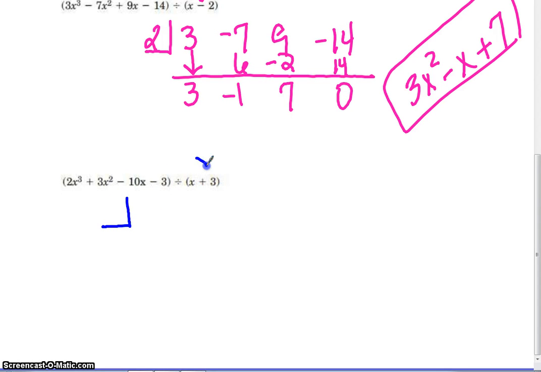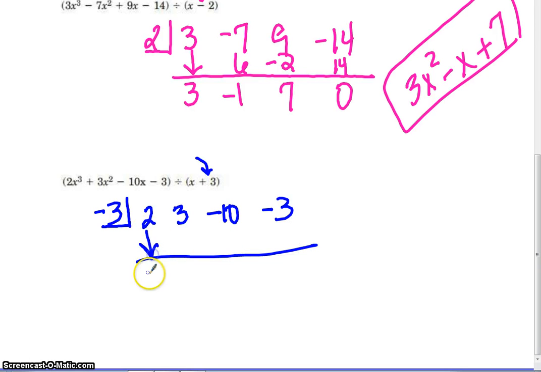So on the outside of the little partial box, you're going to use this with the opposite sign. So this is actually a -3. We have a 3, 2, 1, 0, so we have no skips. So 2, 3, -10, and -3. Draw your line. Bring your first number down. So we're going to multiply -3 times 2, and we're going to get -6.